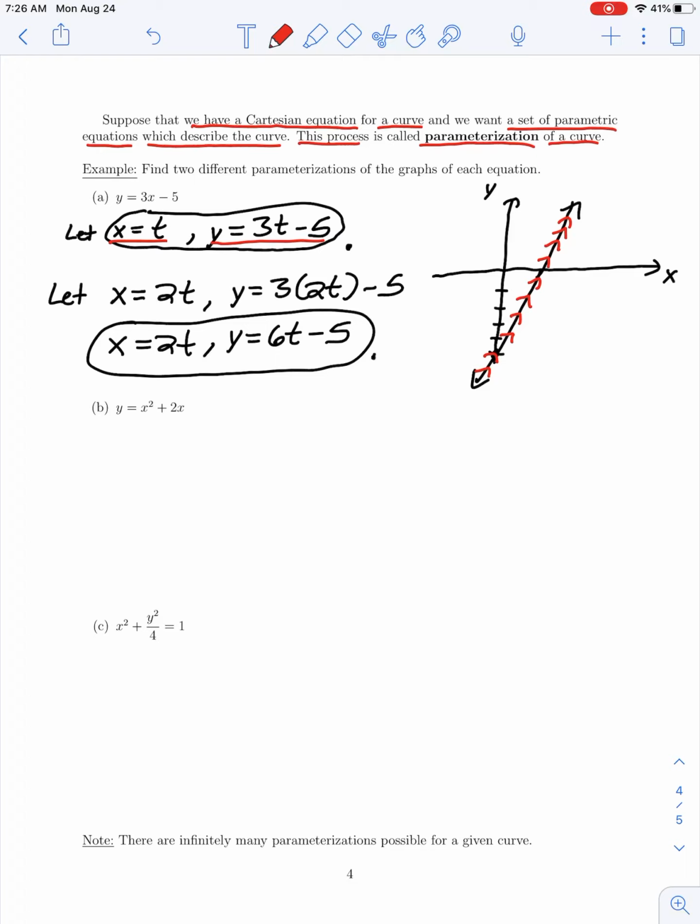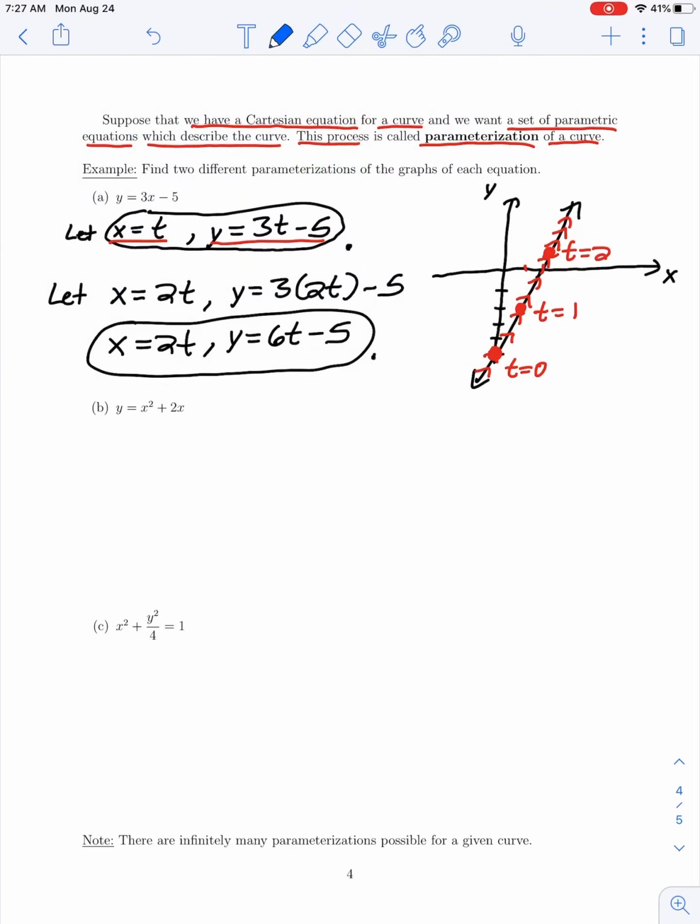If t is 0, we have this intercept 0, negative 5. As t increases to 1, we would have x is 1 and y is negative 2. So we would have the following point, t is 1. When t is 2, x is 2, y would be 1. So we would have the following point, and so on.